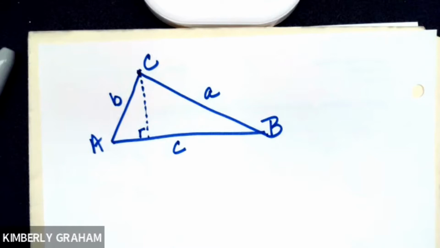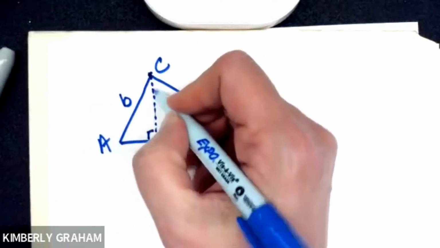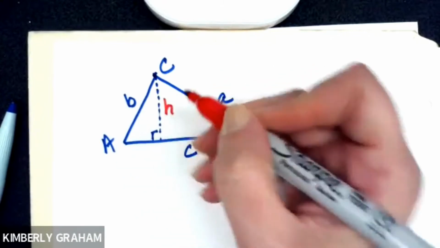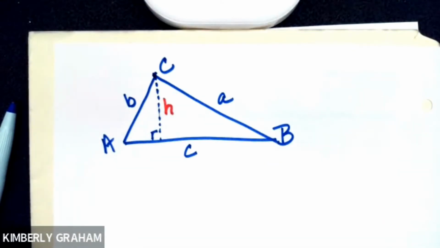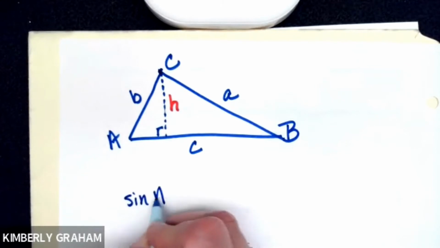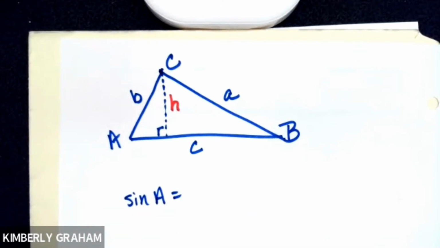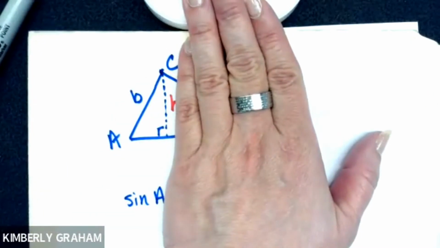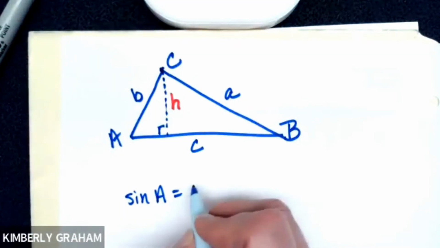Oh, one other thing I want to do is I'm going to label this height here as H. And I'm going to look at angle A here. And I'm going to find the sine of angle A. Remember, sine is opposite over hypotenuse. So I'm looking at this triangle here. So it's going to be H over B.